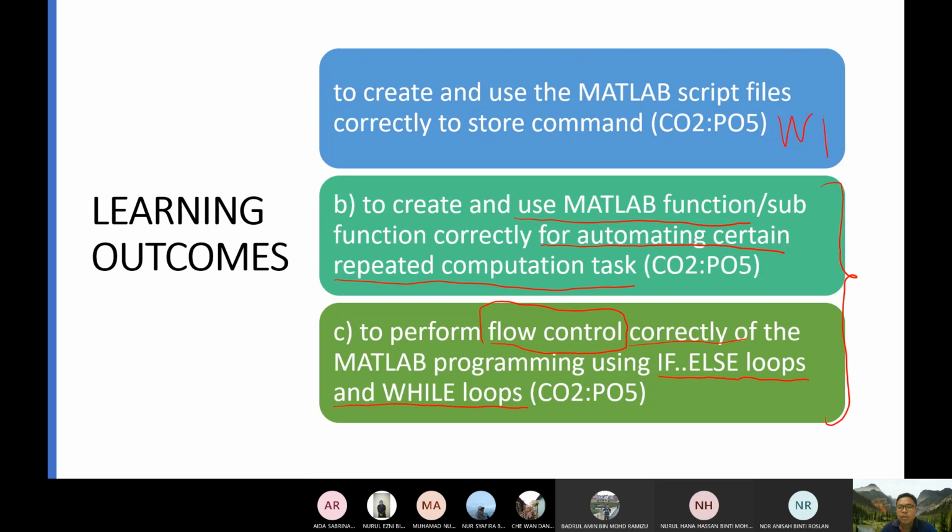So the third learning outcome is to ensure that you can control whatever you want, so that you can correctly execute the correct block of commands by using these loops and other loops. In this week we only cover these 2 learning outcomes, because the first learning outcome has been covered in your week number 1.